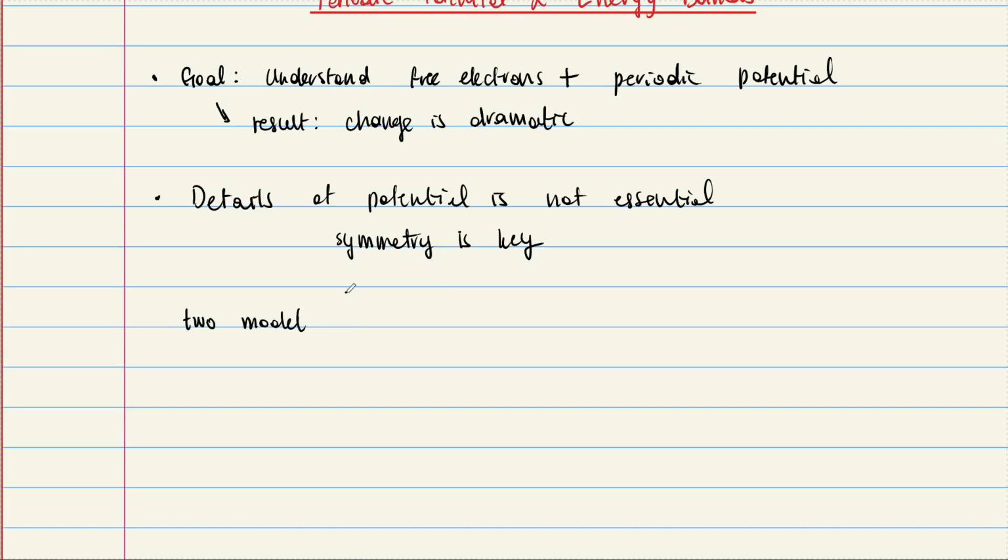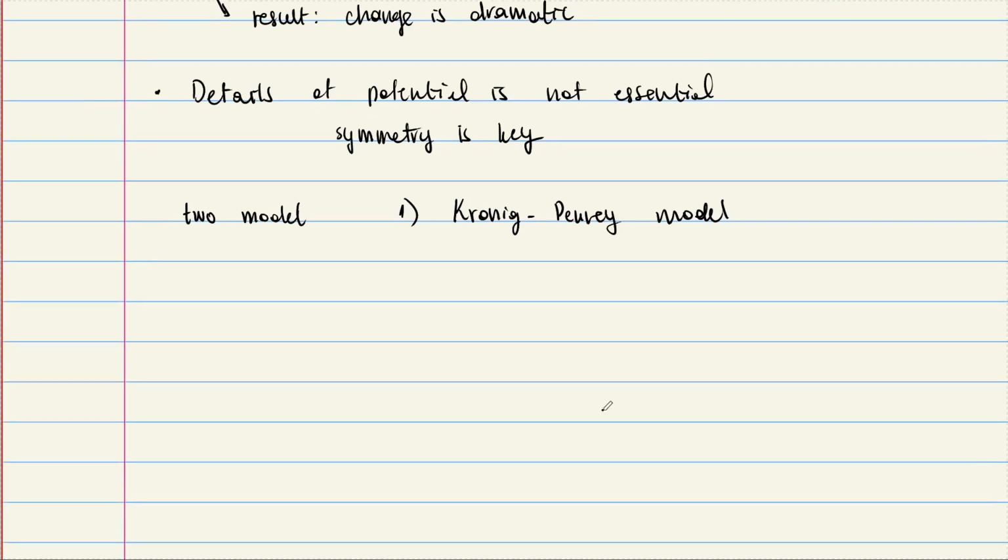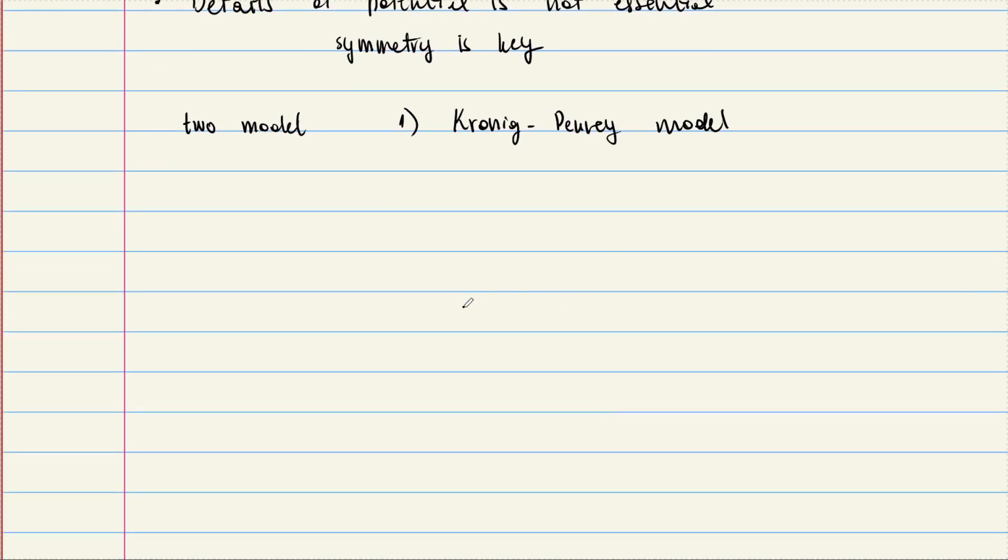And there are basically two models every textbook has. First one is the so-called Kronig-Penney model, and this one is kind of like what we had. It's like a barrier, or valleys, you can also think about valleys, and you just repeat this.